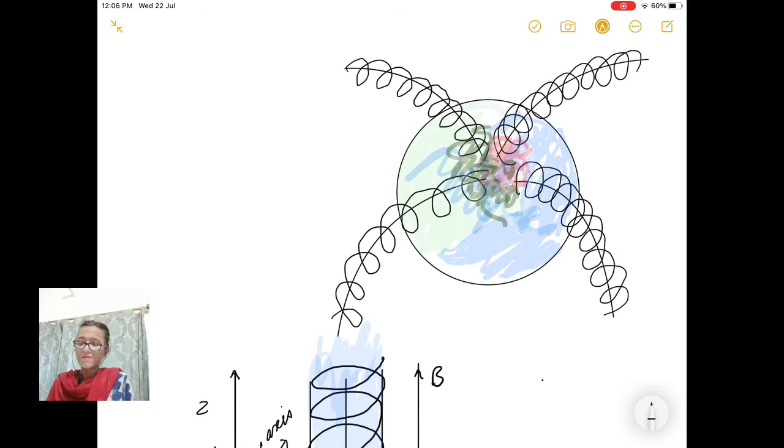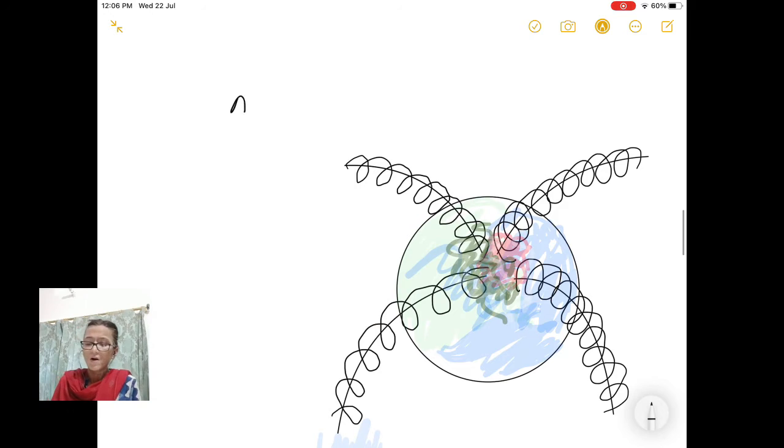Now you would have heard about aurora. It is a very beautiful display of light in two regions of our Earth, one in Alaska, one along Greenland.